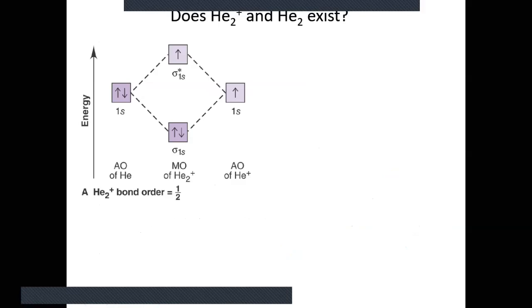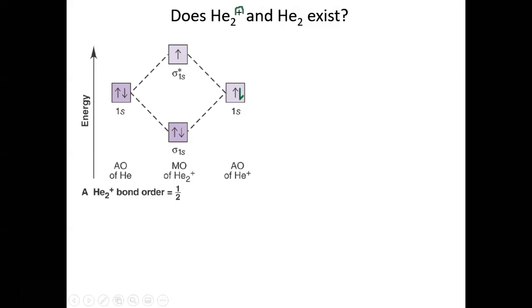Helium has 2 1s electrons, but we're looking at He2 plus, so we remove one of the electrons from it. Again, each helium has 1s electrons, but since it's He2 plus, we remove one of the electrons. And so now when we fill the orbitals, we start with the lowest energy level first, so we add 1 from each one.